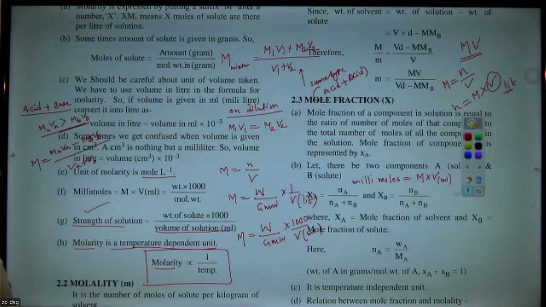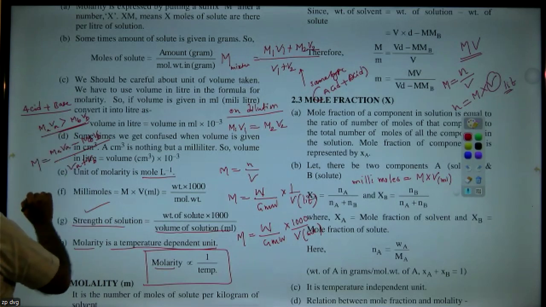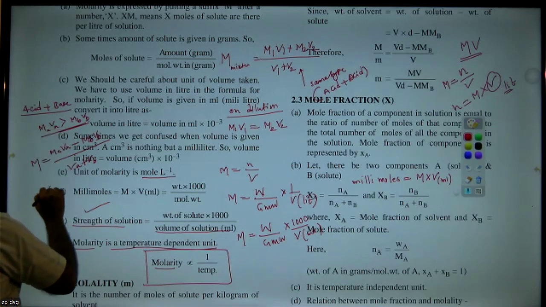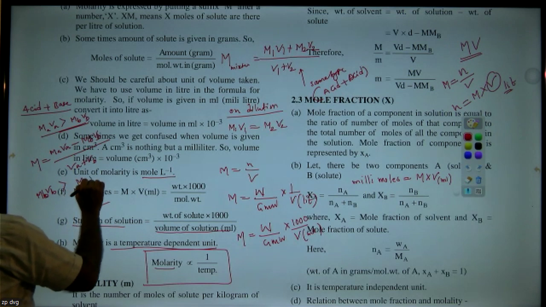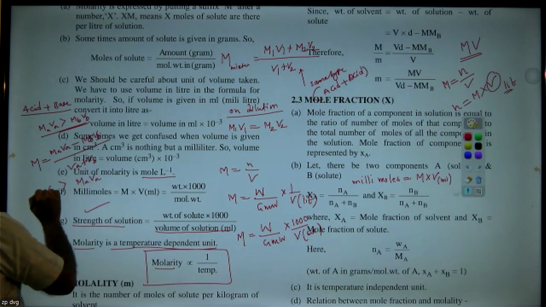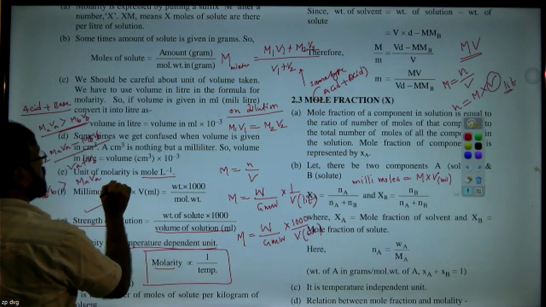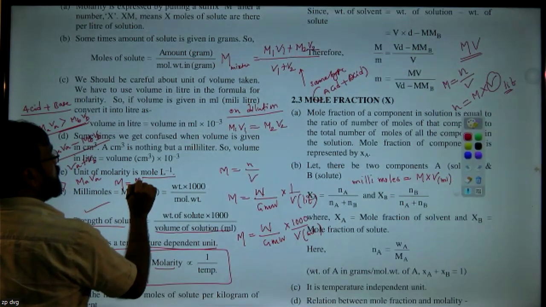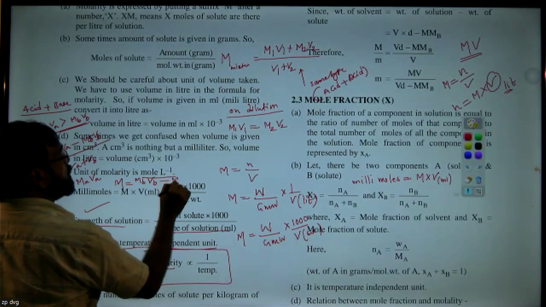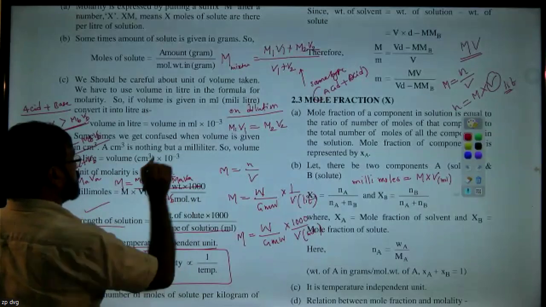Suppose the number of moles of base, MBVB, is greater than the number of moles of acid, MAVA. Then molarity is equal to MBVB minus MAVA divided by VA plus VB.